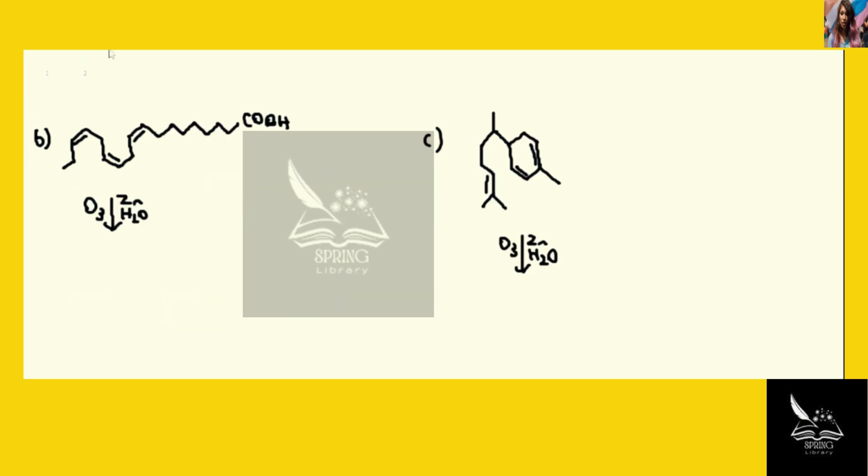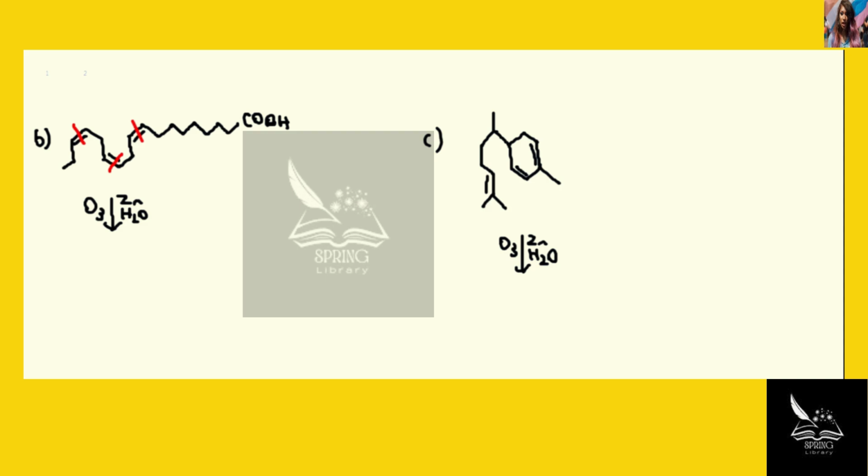Okay, so part B of this problem, we can do exactly the same thing. So just draw a line through each of these double bonds. That's what's going to be cleaved. And then just draw these molecules with aldehydes and ketones.